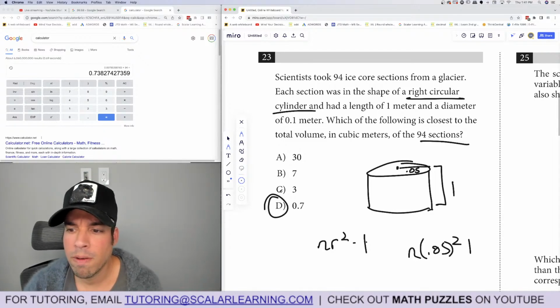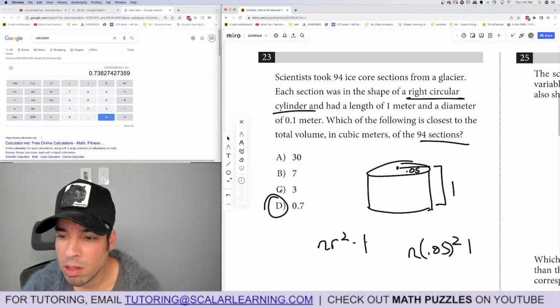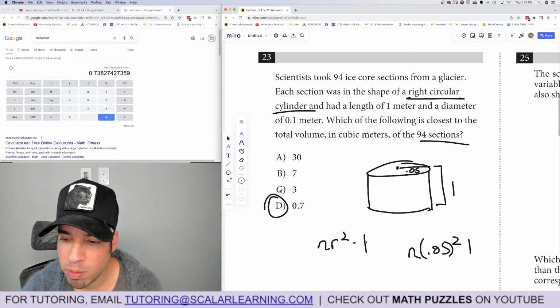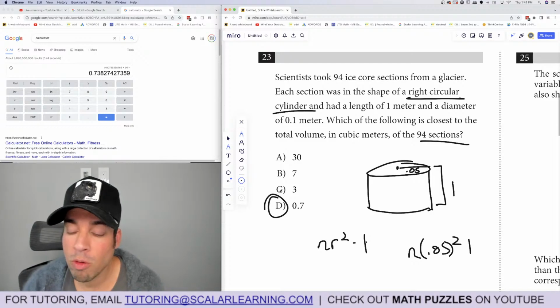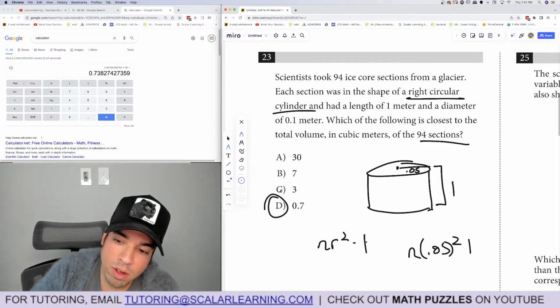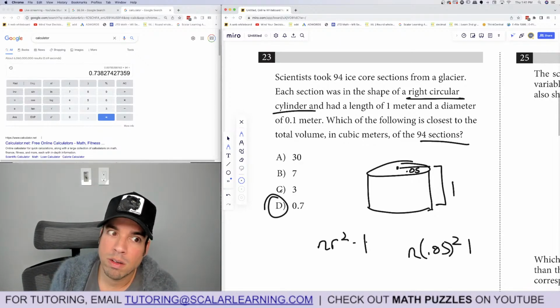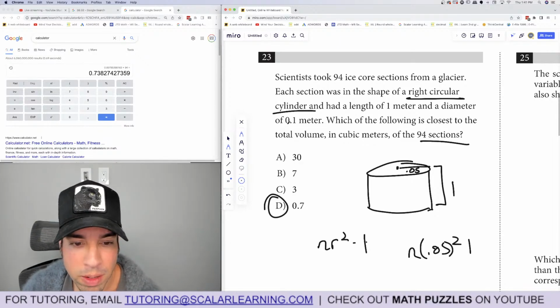That makes sense, right? I'm just trying to estimate if I had 0.05 by 0.05 as a cube equivalent. Yeah, it's pretty small. Oh, but it's tall. 0.05 and 0.05, 0.0025, and then times 1. Yeah, okay, this feels pretty right.